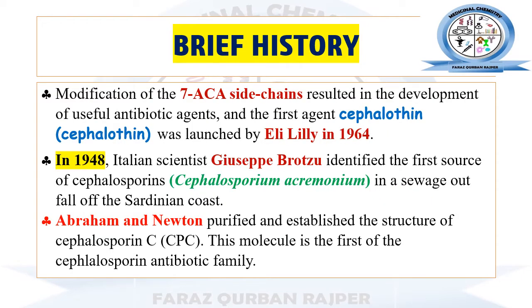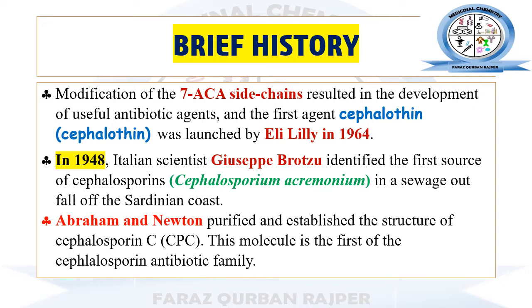The modification of the 7-amino-cephalosporinic acid side chain will result in the development of some useful antibiotics. That's what we call the different agents of cephalosporin. We have 4 different generations of cephalosporin: first generation, second, third, fourth.